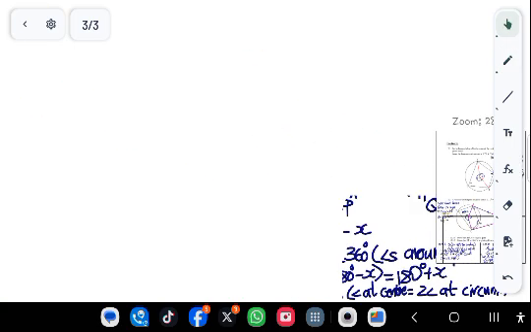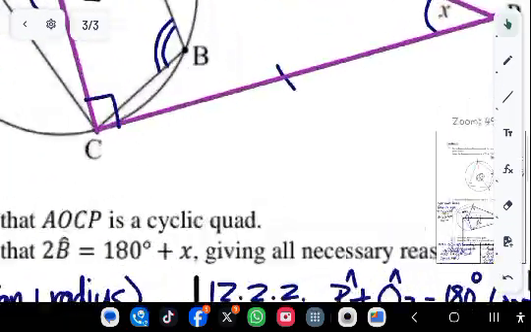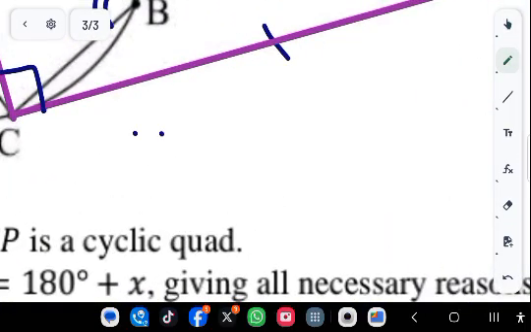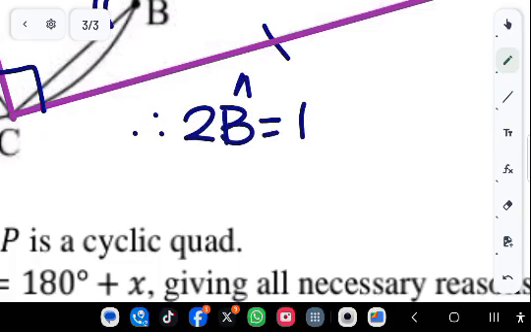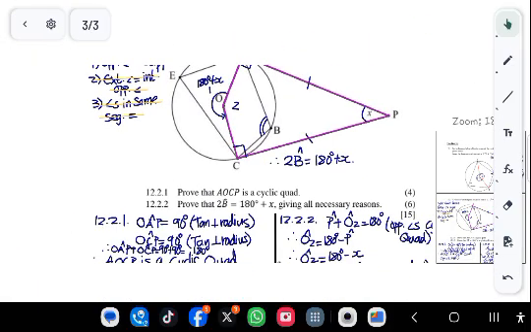Therefore, 2 times angle B is equal to 180 degrees plus X. And that's how you prove that.